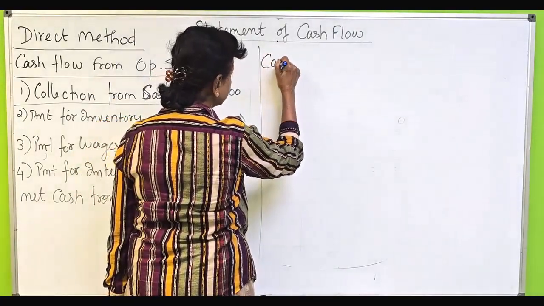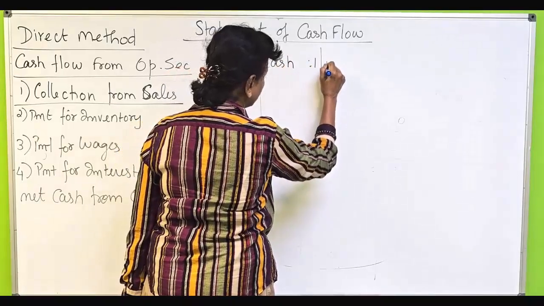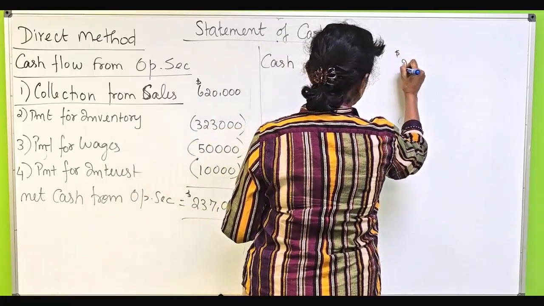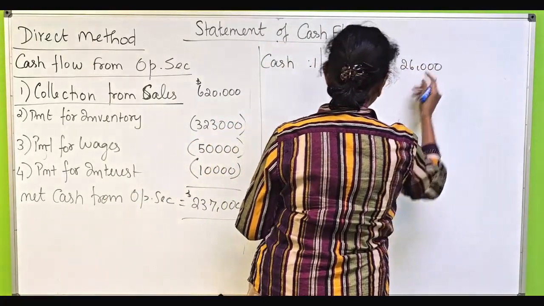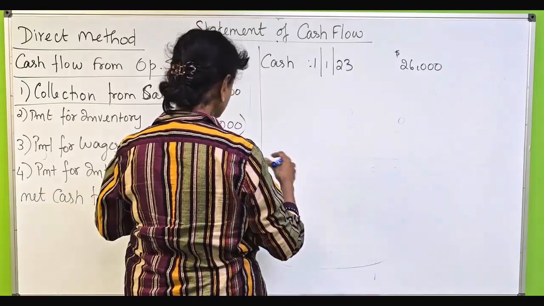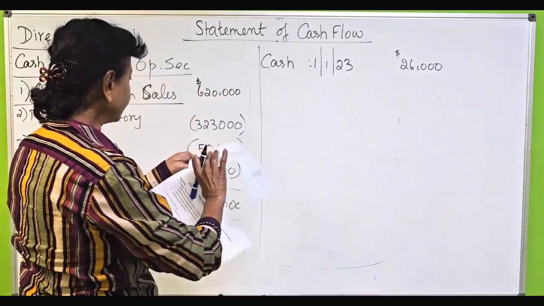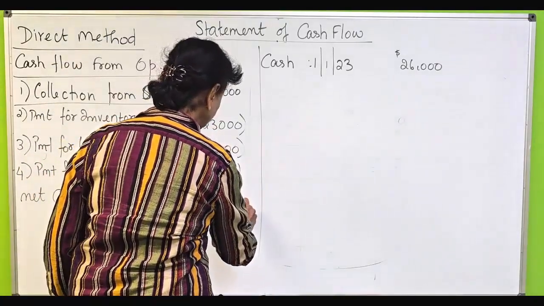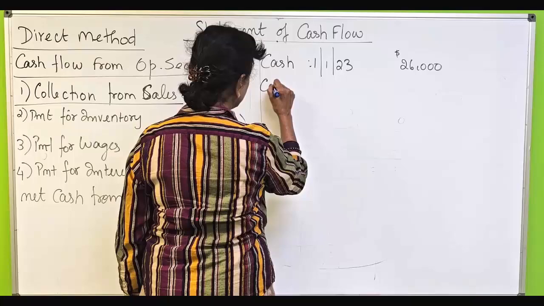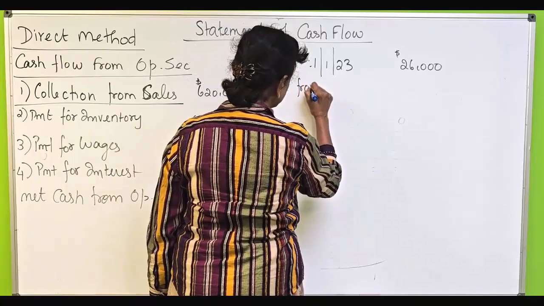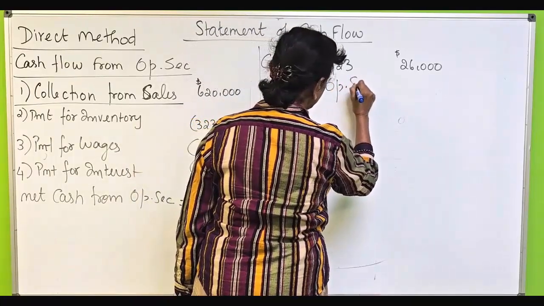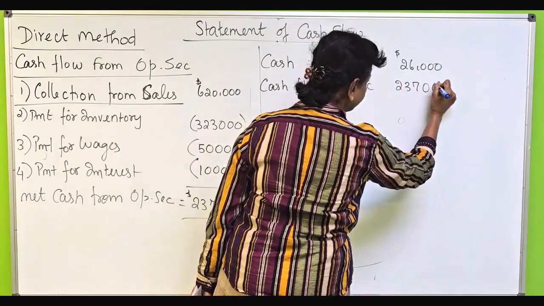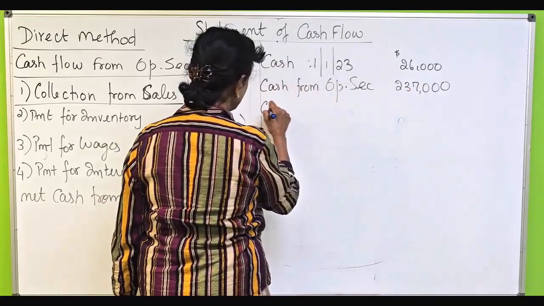So cash on January 1st of 23 was $26,000. And to this, you will add the cash flow from operating section, which is positive $237,000.